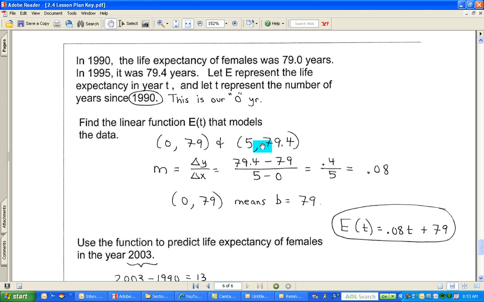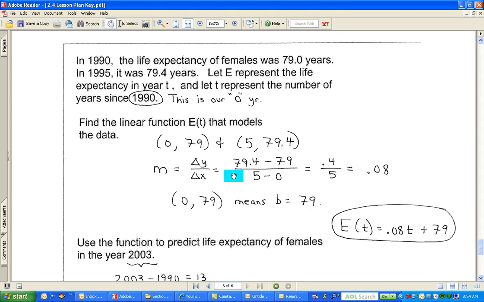That would be written as the ordered pair 5, 79.4. And of course, the way I came up with 1995 is 5 years away from 1990. Therefore, T is 5. Remember, T is input. 79.4 would be output. So I have two ordered pairs from this model.